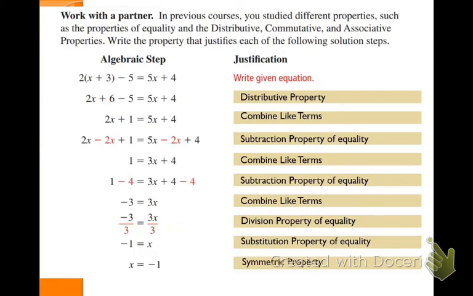Symmetric. So reflective, you're seeing, like when you look at your reflection, you're looking at yourself. So that one is like A equals A, B equals B. Okay. This would be the symmetric because of symmetry. Good.